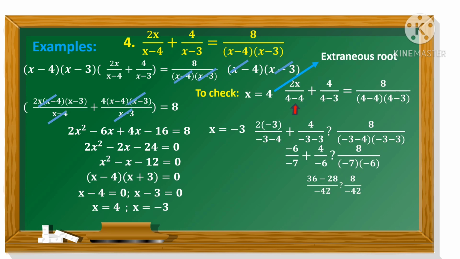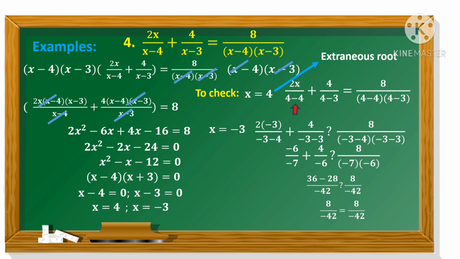So we have cross multiplication here. Add this expression. So we come up with this because we need to find the common denominator, negative 42. So 36 minus 28 all over negative 42. So the result is 8 over negative 42 equals 8 over negative 42.